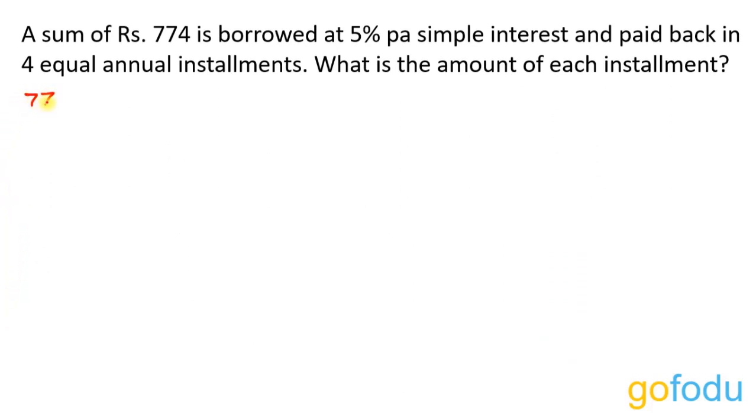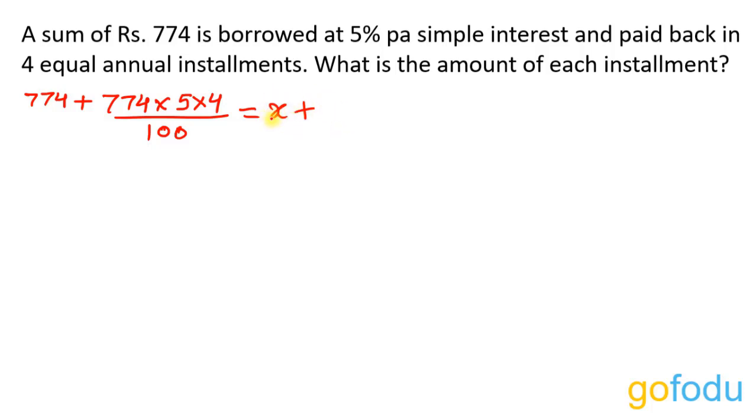So 774 plus interest over this 774 for 4 years. This is the debt. This is the amount that needs to be repaid. It would be paid in installments. So X is the first installment plus the interest that bank will be making over this installment for the next 3 years, because X is paid at the end of first year.